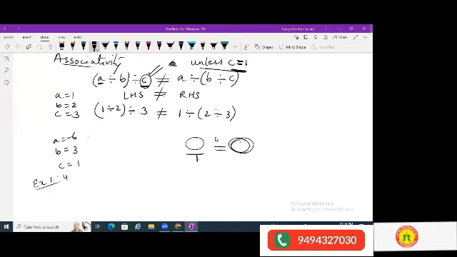Okay, let's do this question. Please solve this. Minus 31 divided by minus 30 plus minus 1. Do this.